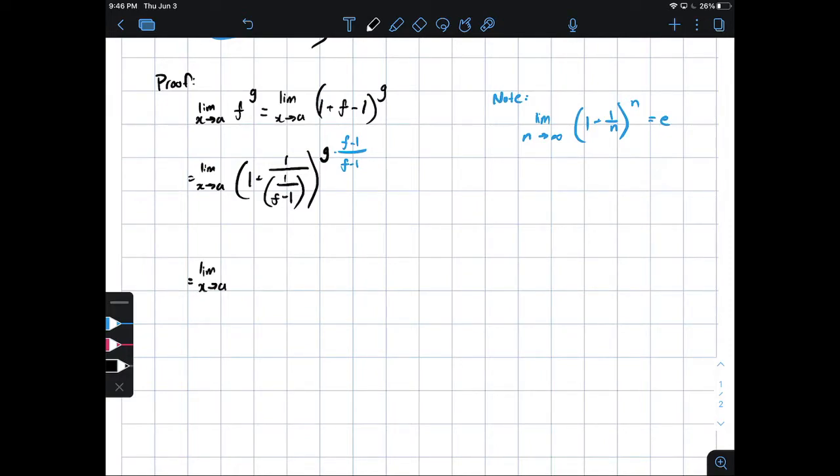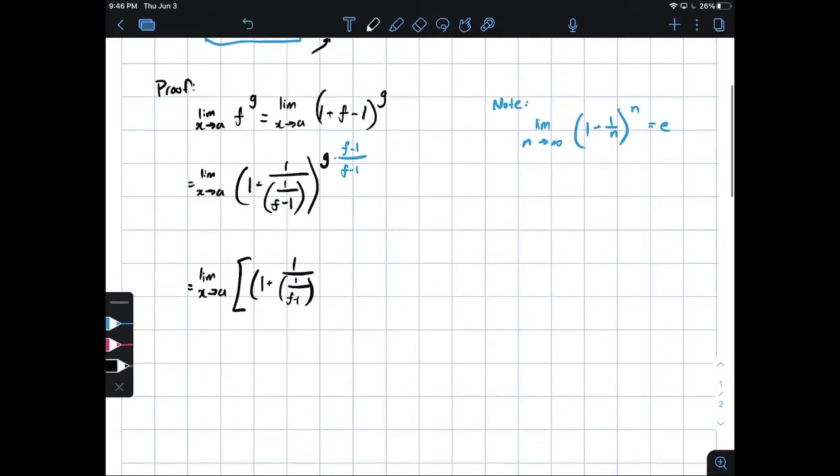So then we'll just rearrange terms. I'll add a little bit of square bracket, 1 over f minus 1, and then we're going to say this is 1 over f minus 1, and then we have g times f minus 1.